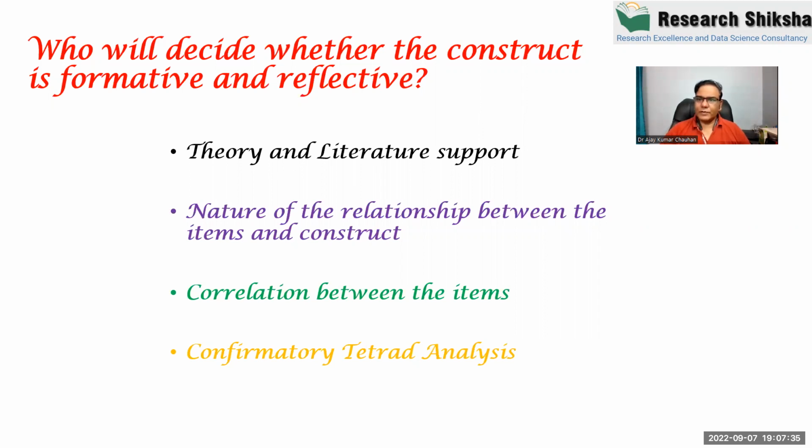So this is the difference between formative and reflective in terms of correlation between the items. PLS also gives you a statistical technique known as confirmatory tetrad analysis. We will see in detail how CTA will tell you whether the construct is formative or reflective.